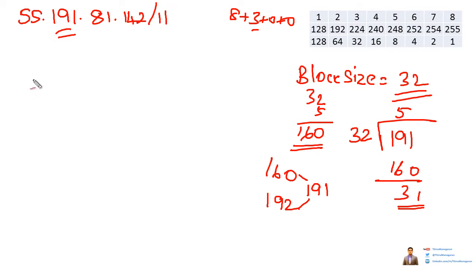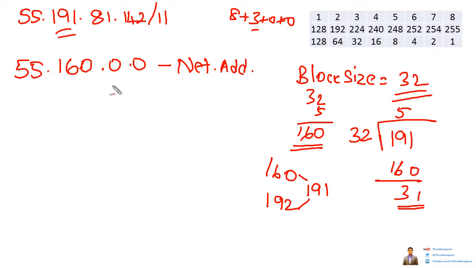So now it's 55.160.0.0. This is the network address. What's the broadcast address now?